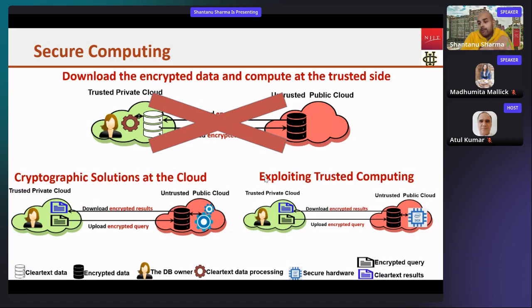It is assumed that no one can see what is happening inside the SGX, meaning whatever data we get inside the secure hardware after decryption, no one can see, only SGX can see, and the user can trust that no one is seeing the data in clear text. Then the clear-text-based database processing, as we do in normal databases, can be done in the SGX, and SGX can return the answer to the user.